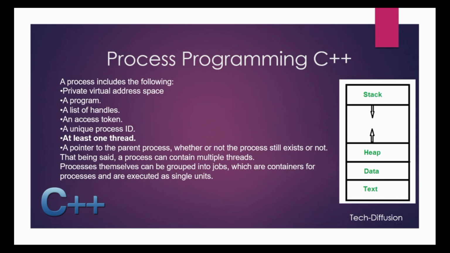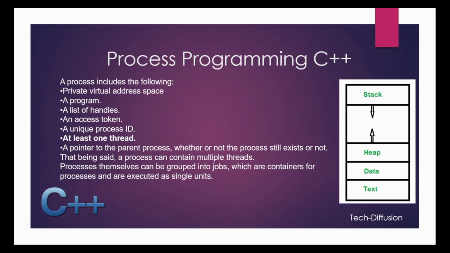Whenever we call another process from it, the parent process is our main program, and the program we call is our child process. So a process has one program, one unique ID and one thread.